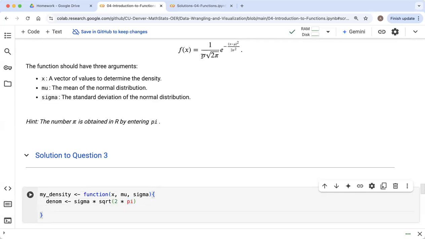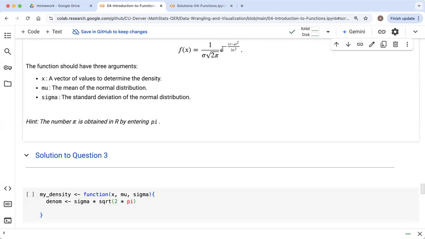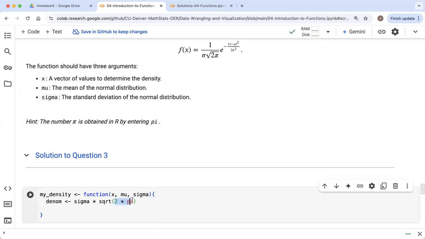All I've entered so far is the denominator of this leading multiplier in front. Anytime I multiply things, if I want to have 2 pi, I need to be really careful. I can't just type 2 pi. I need to be explicit and literal and say I am multiplying 2 times pi. So I need to put that multiplication symbol there or else R won't know.